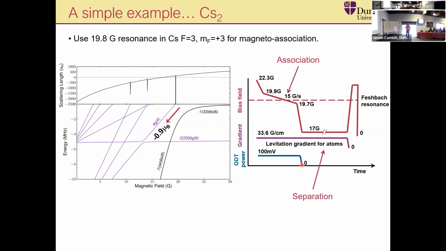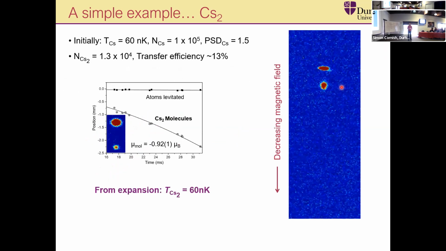Okay. So that's what I've been explaining. The important point is in all of these experiments, we detect atoms. So we always undo the formation process and just image the atoms. You should always keep that in mind. That's shown in this step where we break the molecule apart again and just go back across the resonance.